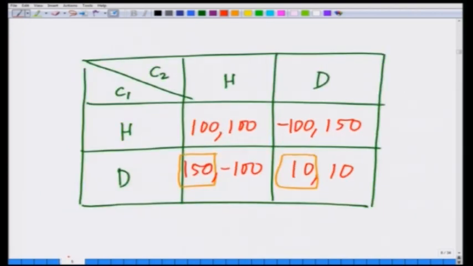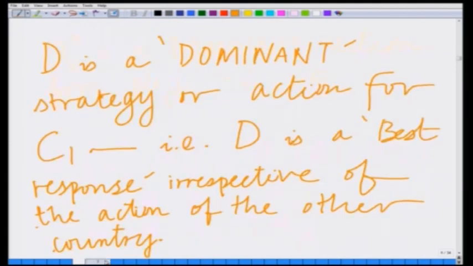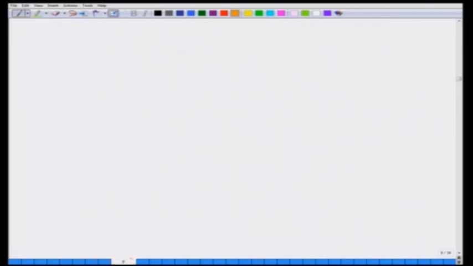Similarly, if you look now at country 2, if country 1 chooses health, the best response of country 2 is to choose defense, that is D, and if country 1 chooses D, the best response of country 2 is to choose D. So, irrespective of the action of country 1, the best response of country 2 is to always choose D. Therefore, D is also a dominant action.